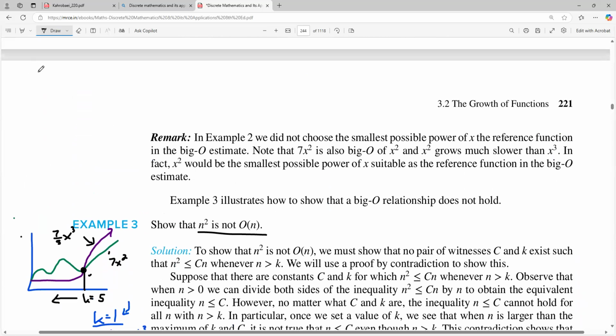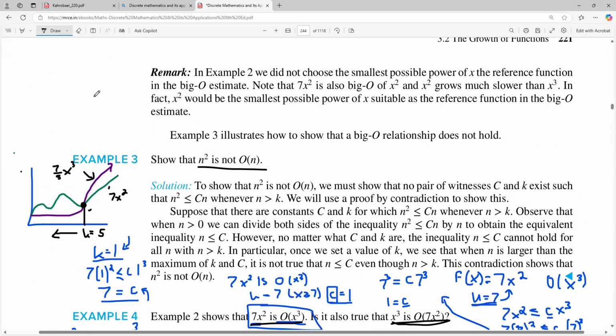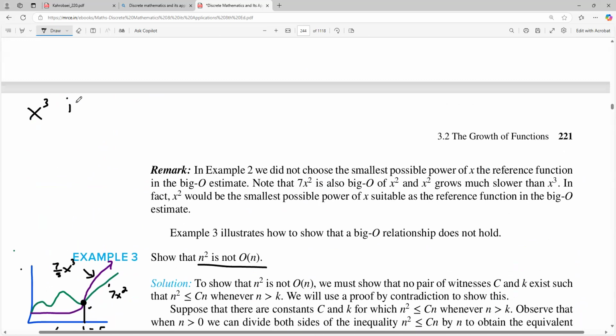So show that x cubed is not big O of 7x squared.